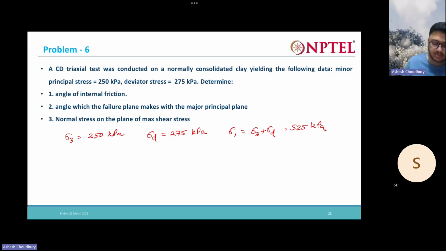For normally consolidated clay in a CD test, you know that C is equal to 0. So sigma 1 equals the following, and since C is 0, we don't have that part.